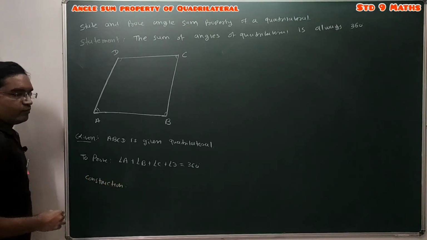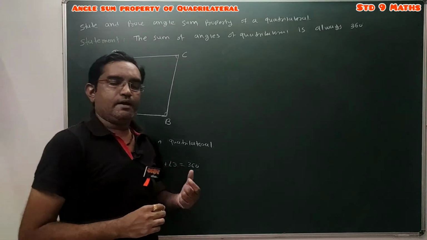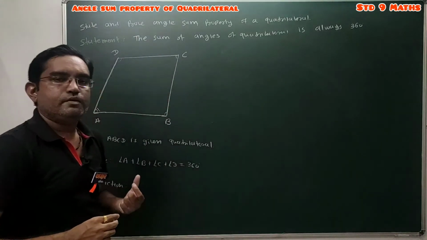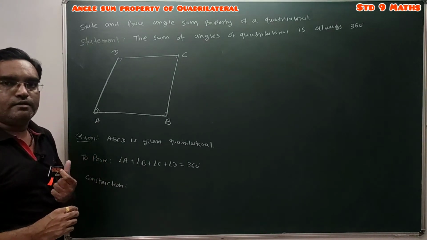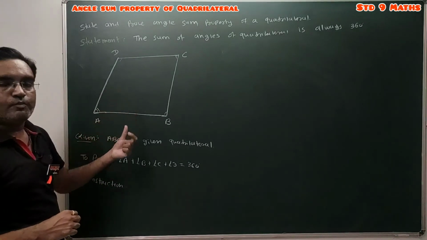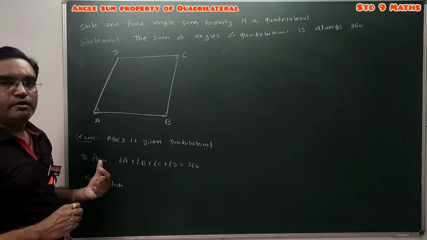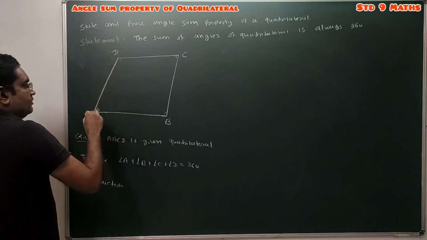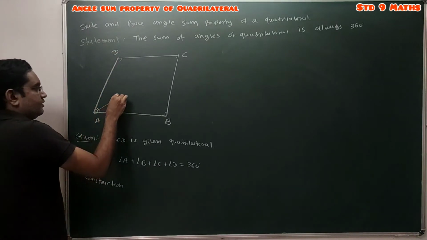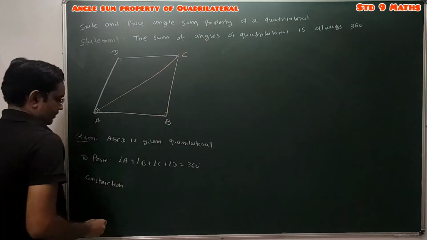Now to prove this angle sum property of quadrilateral, we will use the angle sum property of triangle, and to apply that in this quadrilateral we have to draw one diagonal. So let's join this diagonal AC.